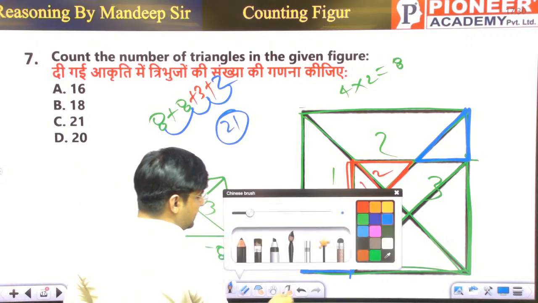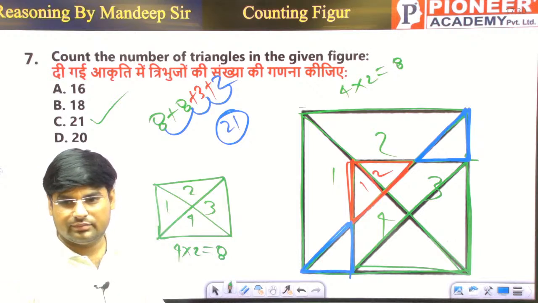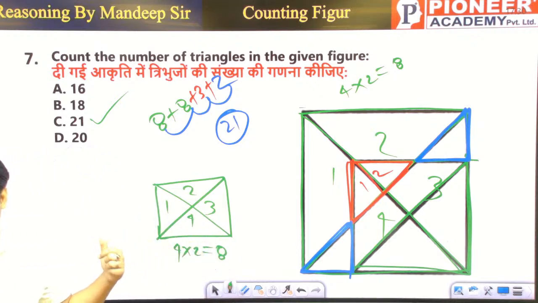There are 21 triangles in this figure. It's quite easy in comparison to the previous one. Clear?